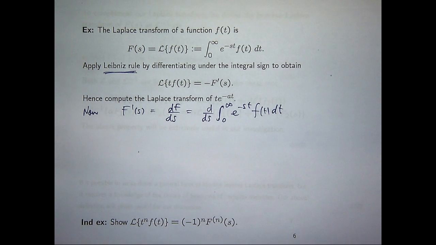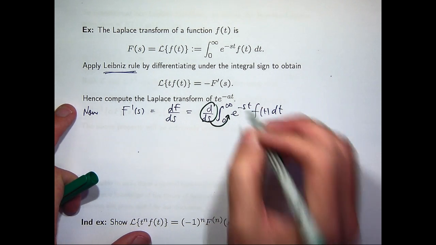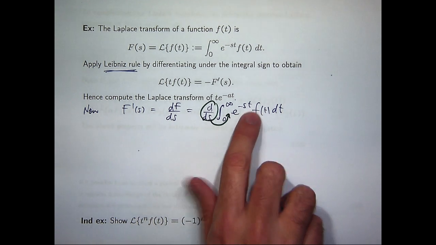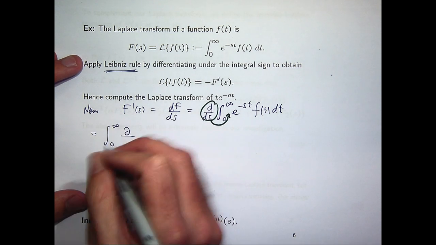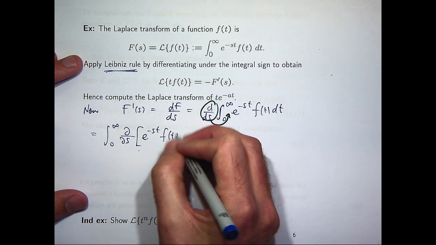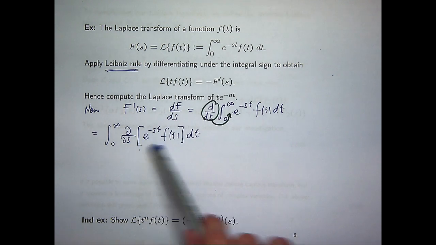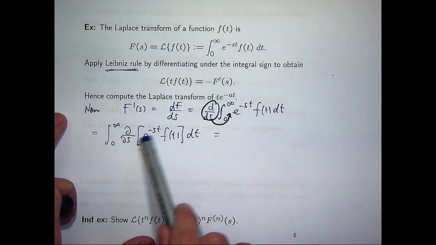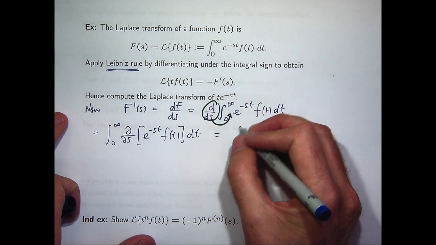Now, Leibniz rule says I just take the d/ds, move it inside, and change it to a partial derivative, because inside I've got a function of t and s. Okay, so we're differentiating partially with respect to s in here, so we imagine all the t's are constant. So what's going to happen, the exponential is going to be differentiated and the minus t will come to the front.